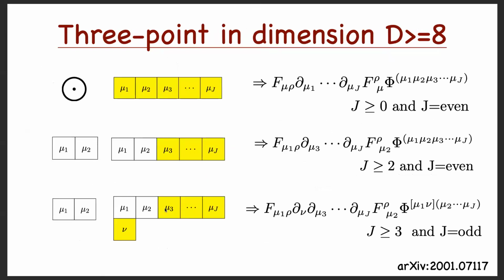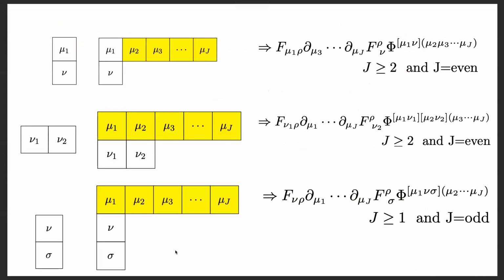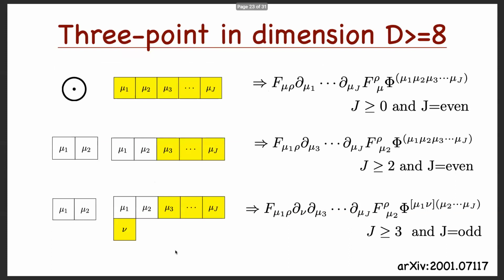So with this, this type of interaction is not infinite. For dimension D greater than or equal to 8, we have a total of 6 types of interactions, and no such new interaction is possible for dimension D larger than 8.